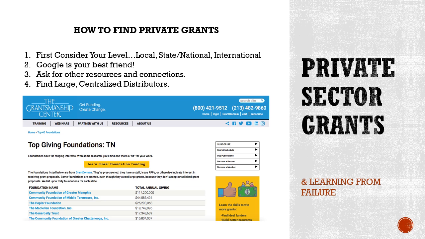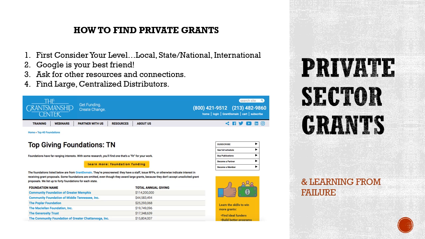And Google will be your best friend during this time. A lot of times, if you just search for perhaps local foundations within Nashville, you'll see that there are tons of different family foundations and other nonprofits that are granting organizations that will provide financial support to organizations dependent upon their mission.